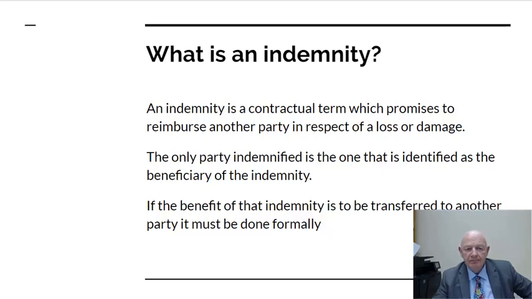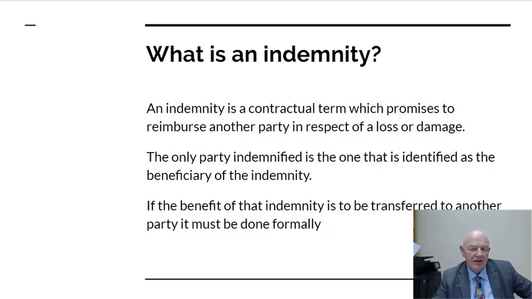So typically, in relation to a property in a housing estate, for example, there may be indemnities from the builder to the purchaser of the house to carry out certain works and maintain the place before the council takes the house in charge.